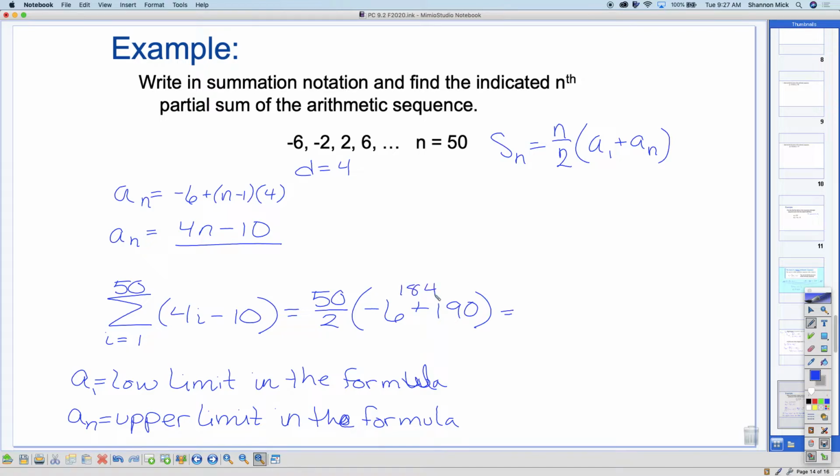Divide that by 2 would be 92. So then multiply times 50: 0, then 5 times 2 is 10, carry a 1, 5 times 9 is 45, plus 1 is 46.